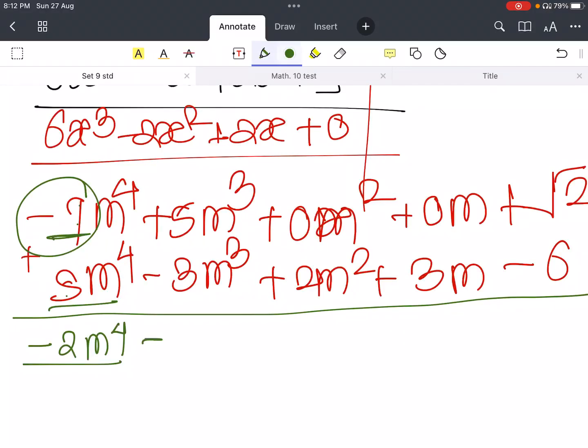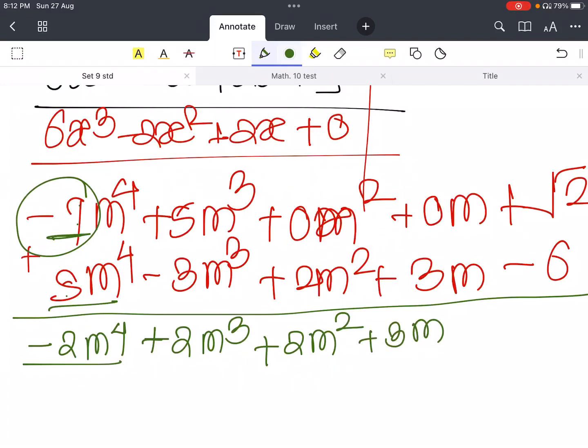Next one, plus 5 minus 3 becomes plus 2m cube. Then 0 plus 2 is 2m raised to 2. Next, 0 plus 3 is plus 3m.